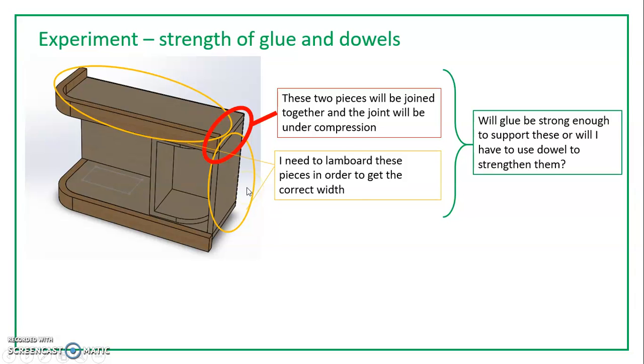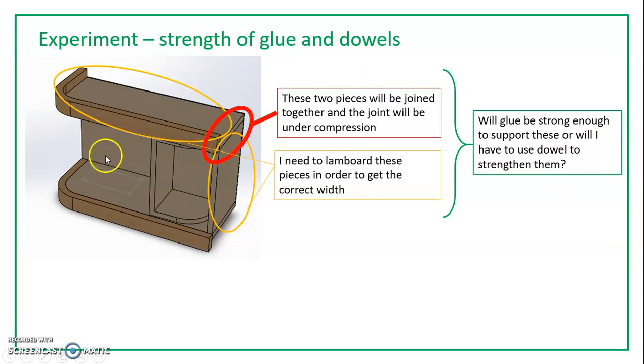My top piece up here is lamboarded, and this side piece are both going to be lamboarded together because they're not the correct width. I'm looking at, when I lamboard, do I need to put in dowels, or will the glue just be enough to hold them? So I'm going to carry out an experiment on that.